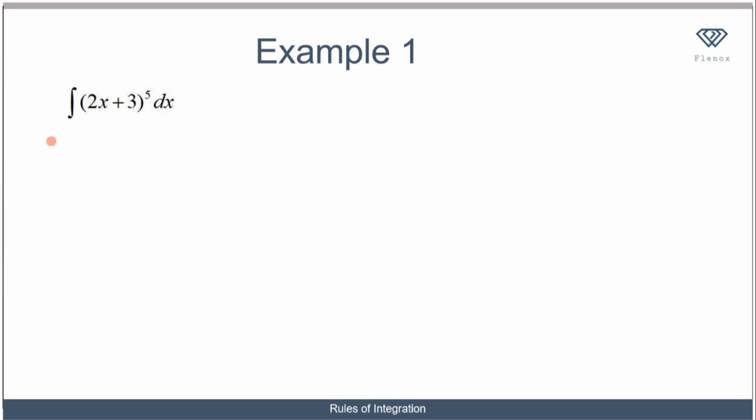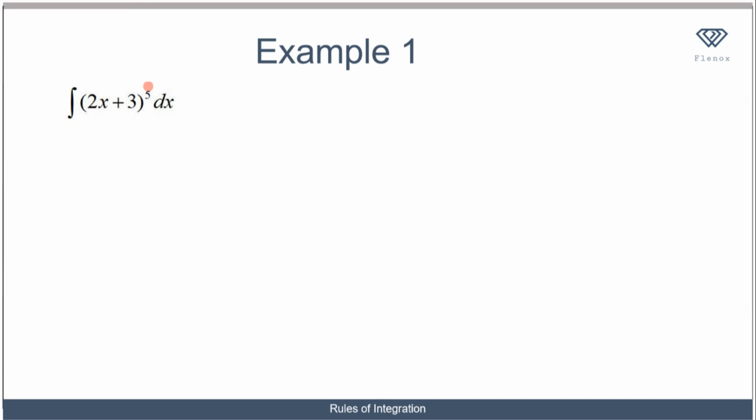So in this first example, we are told to integrate this expression over here with respect to x. So how do we go about this? Definitely we cannot do this directly because we have 2x plus 3 raised to power 5 and we don't have any formula that tells us how to integrate something of this form.